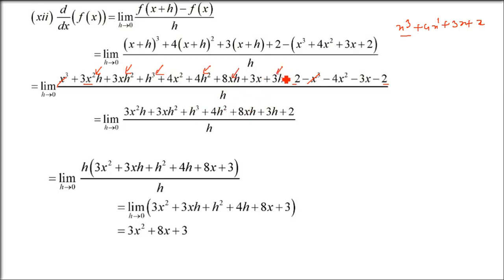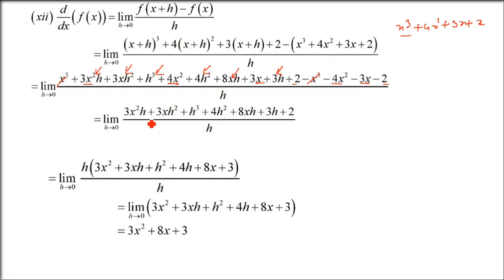In this type of question you will always see that whatever term is remaining, you can always take h common. If this plus 2 is there, you cannot take h common. So how to solve this? There will not be any question like this. So you can rest assured that this 2 gets cancelled and you don't have a 2 here. I'll just cancel it.